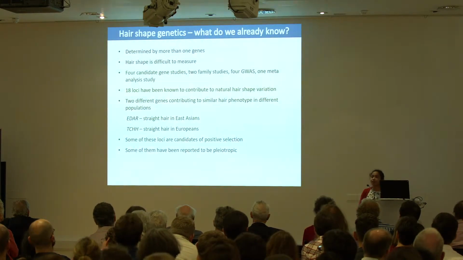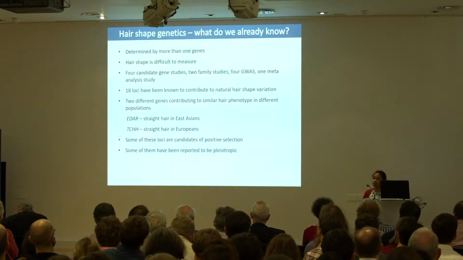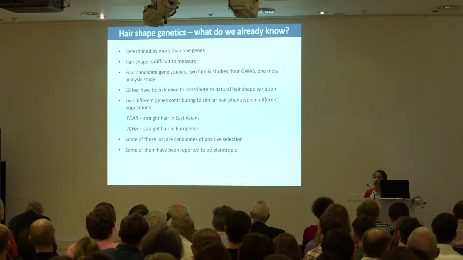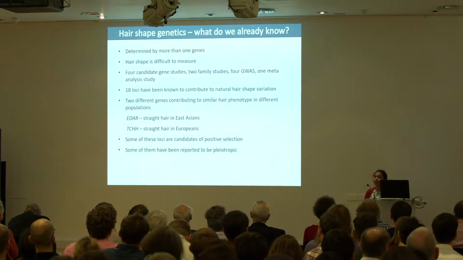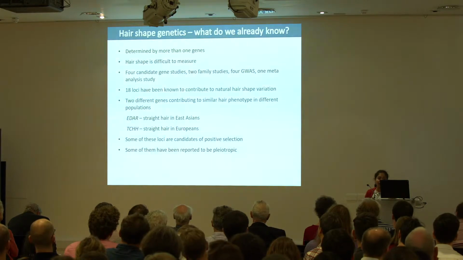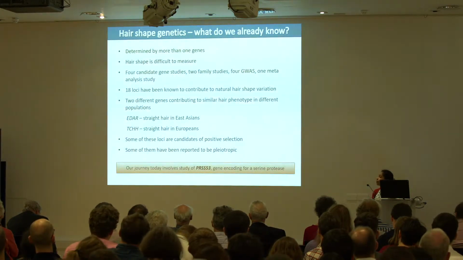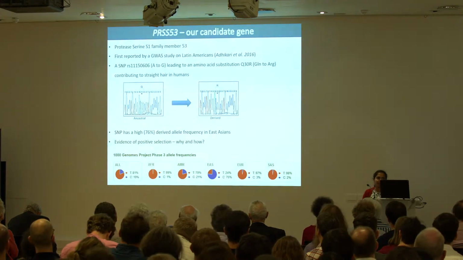Some of these loci are positively selected, which makes them a very good point of study for the human evolutionary path: why they have been selected and what the selective phenotype was. Some of them are also pleiotropic, in the sense that they contribute to phenotypes other than hair shape itself. But today's journey is on the PRSS53 gene, which codes for a serine protease.